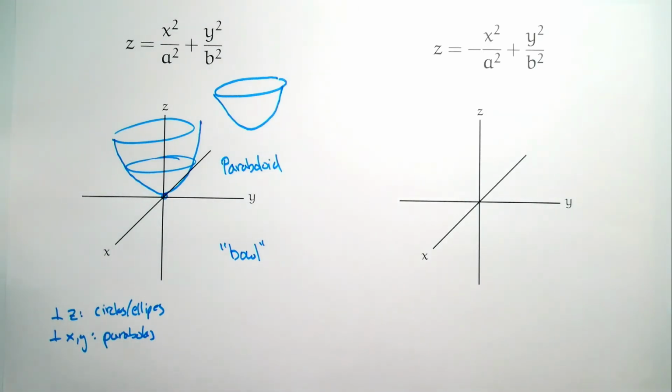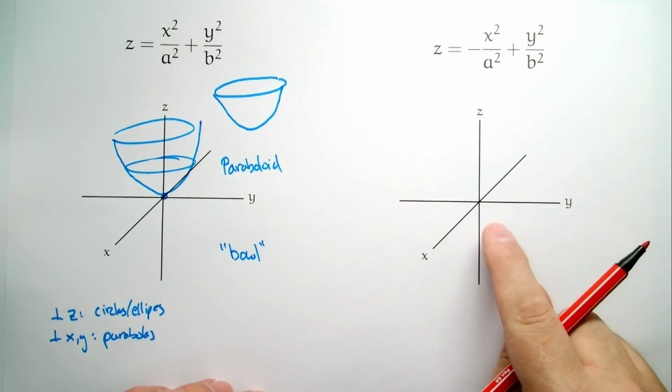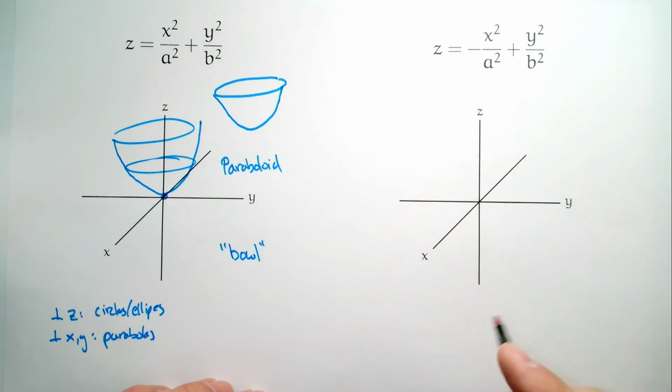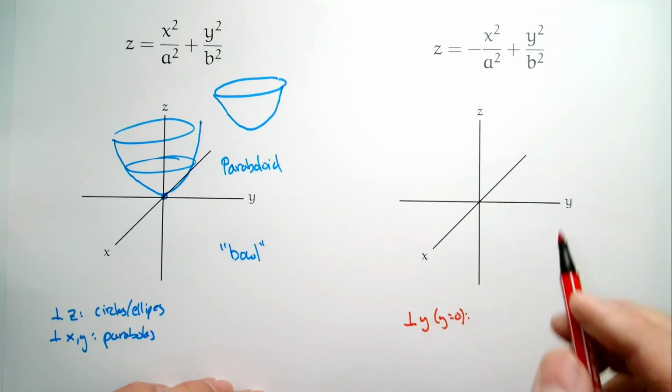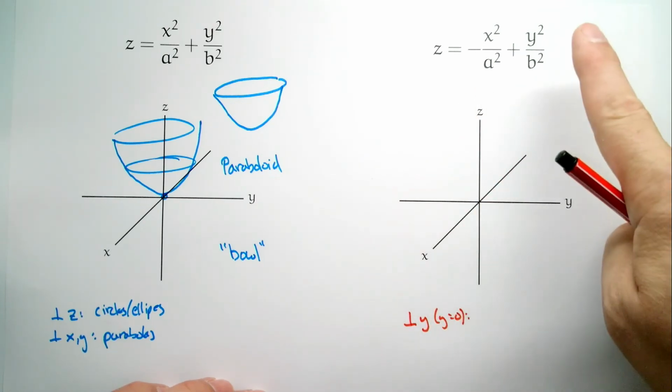So let's just tweak it ever so slightly. z equals minus x squared over a squared plus y squared over b squared. Now, this one's fun to try to draw. I'm not very good at it, but that's all right. Let's do perpendicular to y first. In particular, let's set y equals 0. What shape do we see if y equals 0?